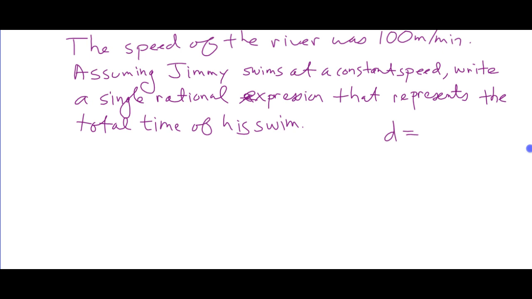The 300 kilometers is equal to the 100 kilometers per hour times the 3 hours, right? So distance is equal to speed times time. So what's time equal to? Distance divided by speed, right? That's just a little rearrangement of the thing.